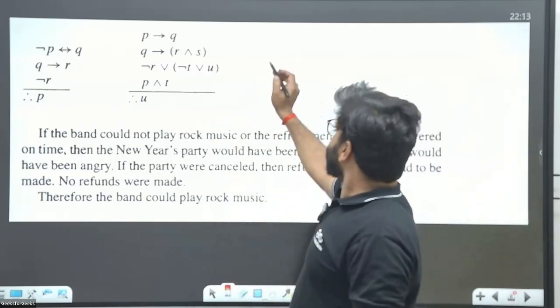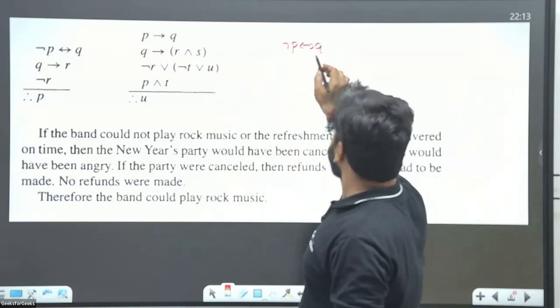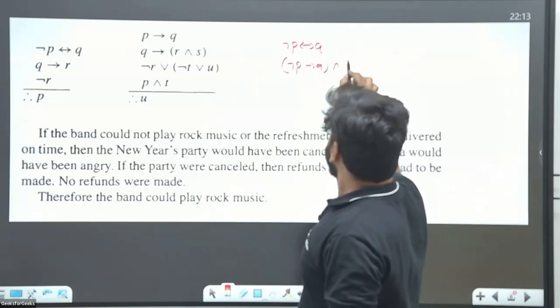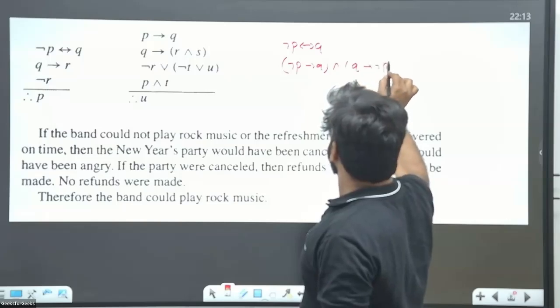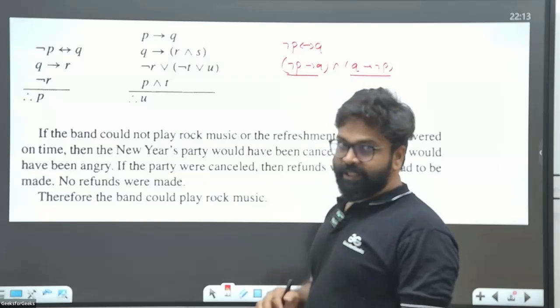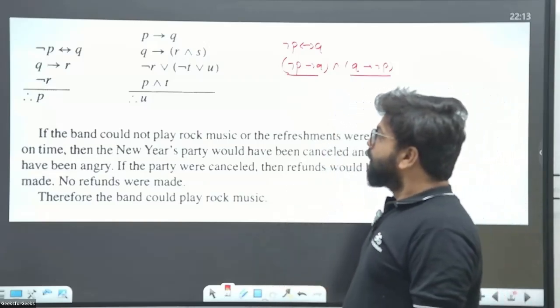Okay. See, for the first one, if we write P double implication Q, we can write this as negation of P implies Q, and Q implies negation of P, right? So here we have two entities, and we can take the one we require by using simplification.